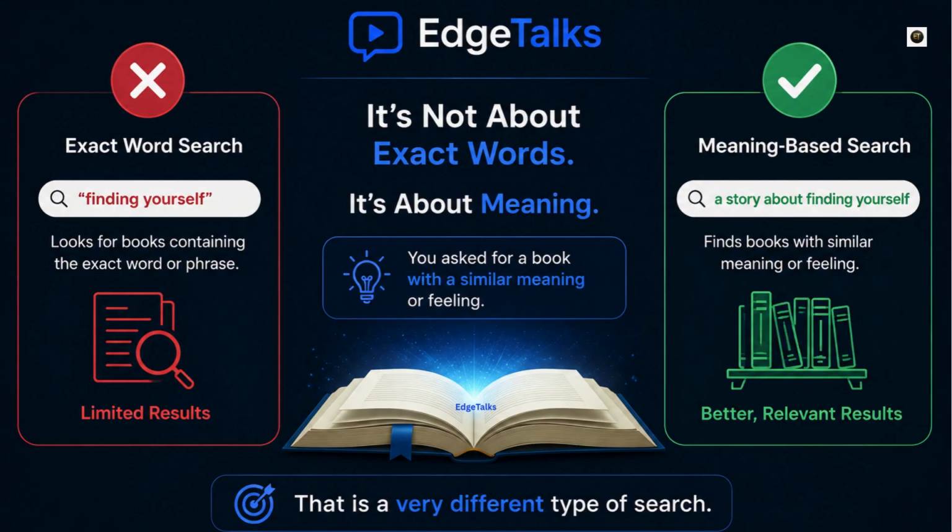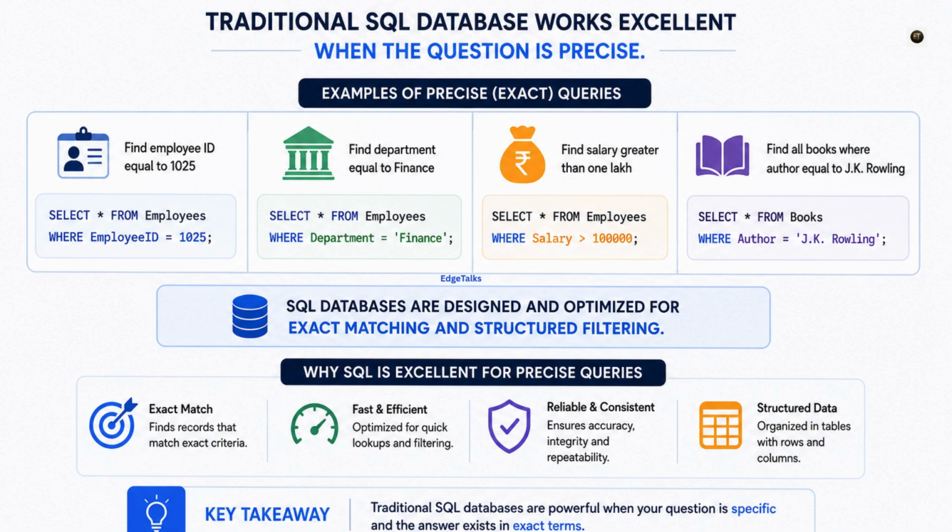Now let's compare this with how a traditional SQL database works. A traditional SQL or relational database is excellent when the question is precise. For example, find employee ID equal to 1025, find department equal to finance, find salary greater than 1 lakh, find all books where author equals J.K. Rowling. These are all exact conditions.